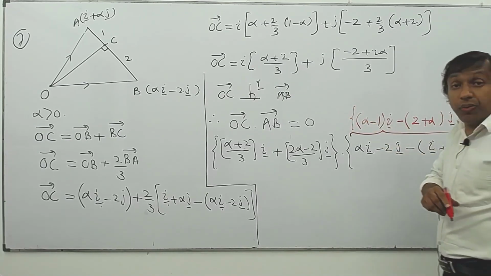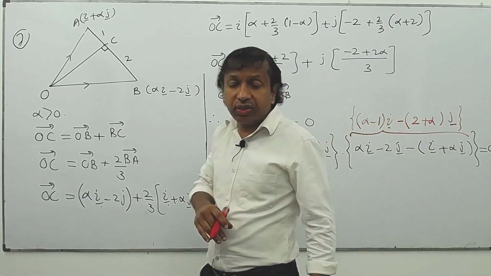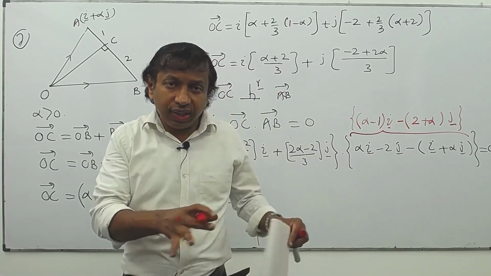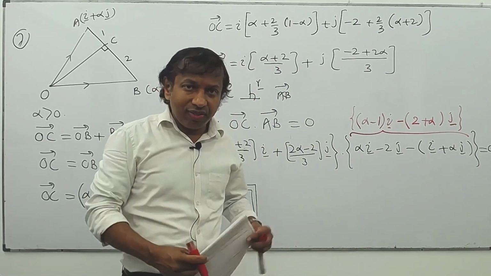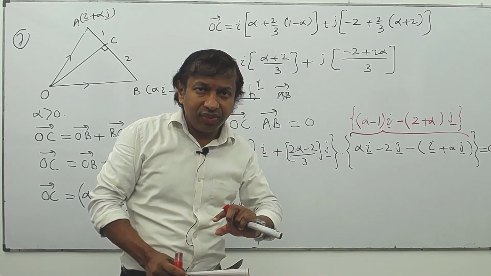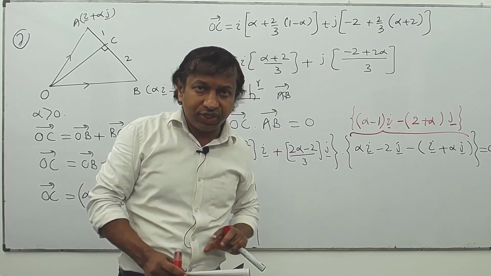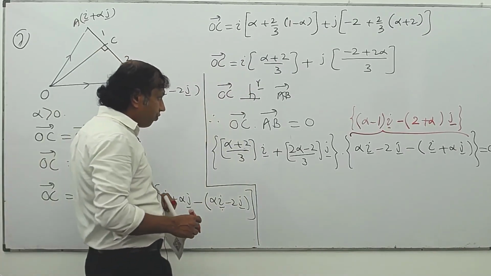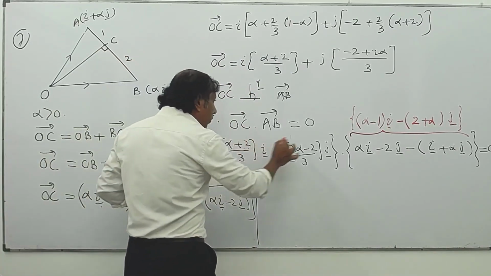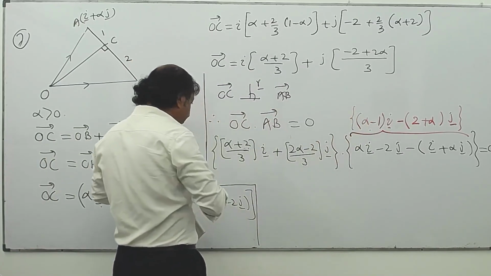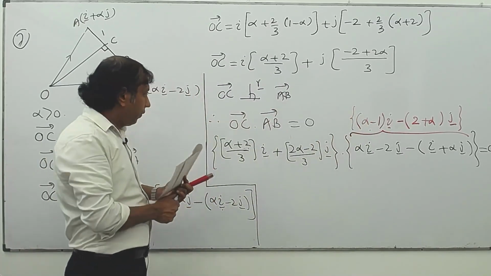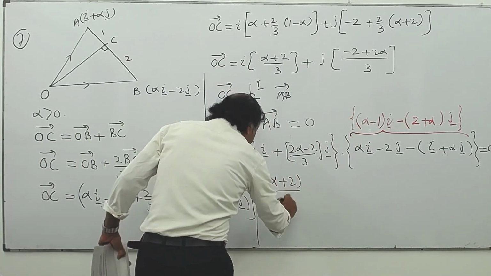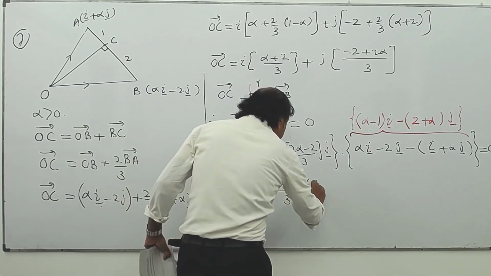Now you know how to take a dot product between two vectors which involve i and j. We multiply the i coefficients of the vectors, and we multiply the j coefficients of the vectors. That's how we do it. Then the i coefficients, when you multiply this into this: alpha plus 2 by 3 into alpha minus 1.